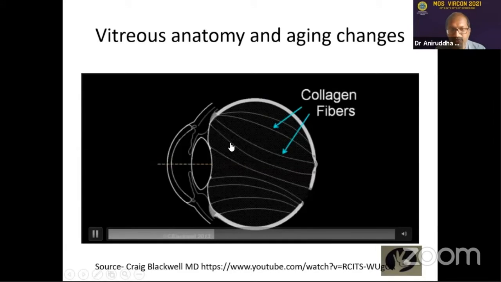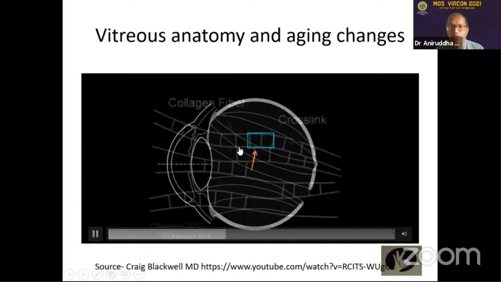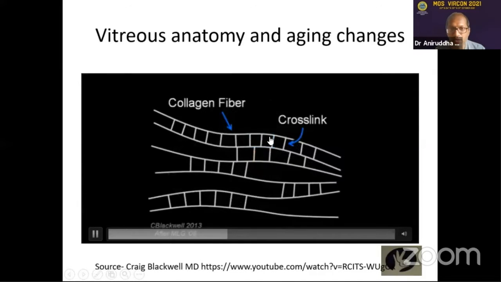these are the collagen fibers that are seen. In a young patient, these are all transparent and the vitreous cortex is attached to the ILM. If we zoom in and look at the collagen, we can see that these collagen fibers are structured and there are cross-links between two collagen fibers.